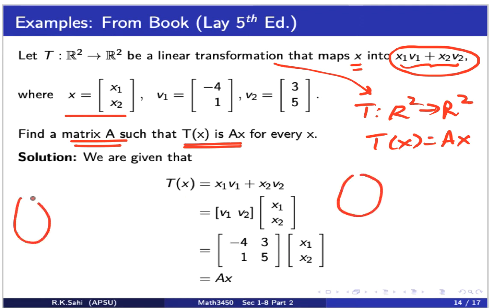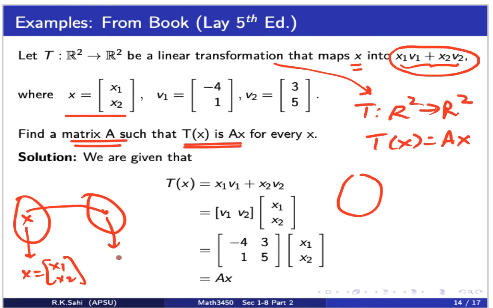Okay, let me draw the graph here. So I have an element x here. And this x, remember, is x1, x2. And when T acts on this, it takes it to an element which is given by x1 v1 plus x2 v2.